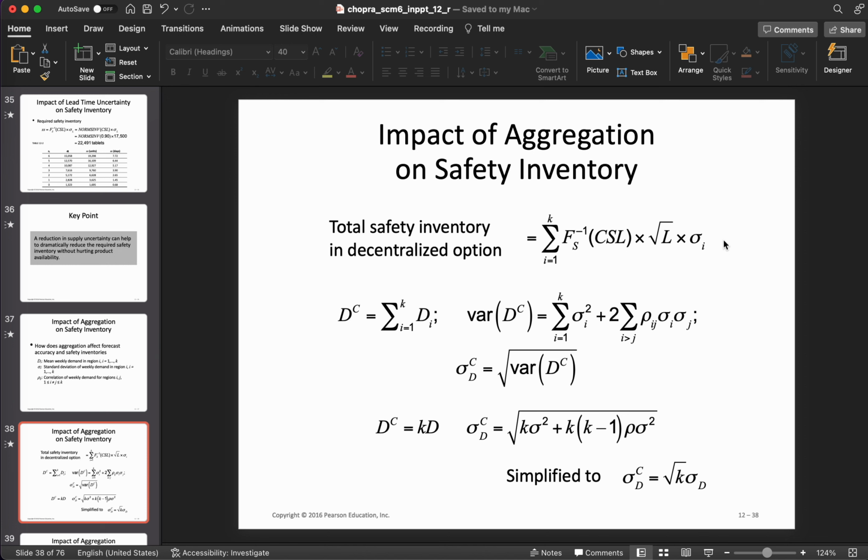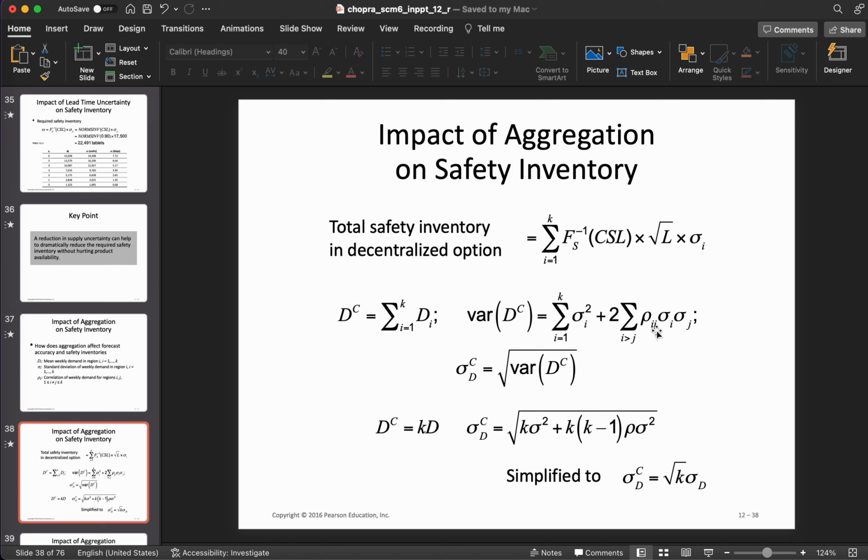But what if you were to combine all the K regions together? Then the demand will be the sum of all the average values. The average values can always be added up together, but it's the standard deviation where you see the square root. You square the individual standard deviations, add them all up, and put them under a square root, but that will only work if we assume that there is no correlation in demand.